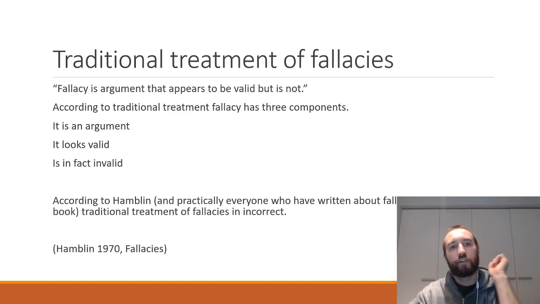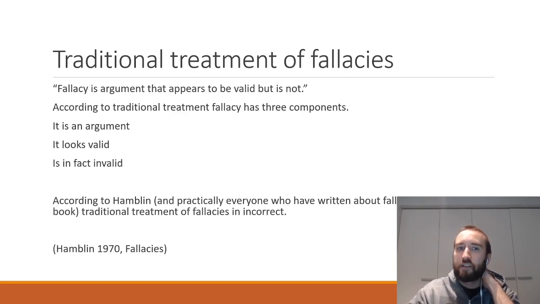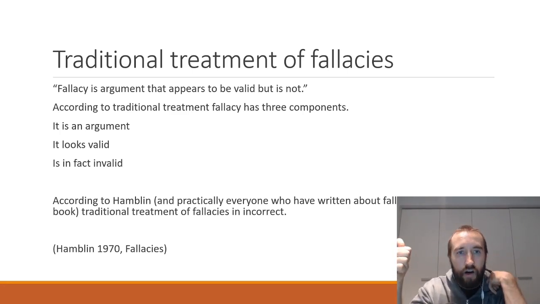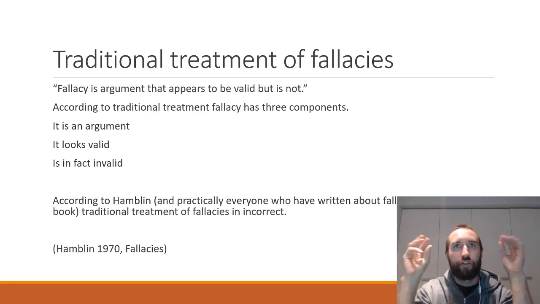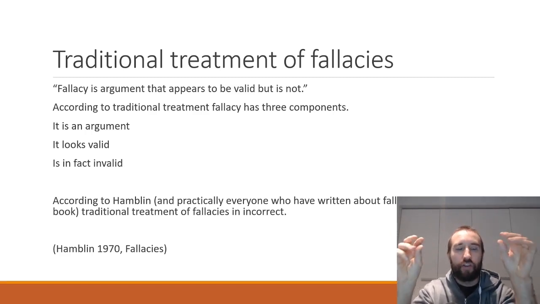I've written here that according to the traditional treatment, a fallacy has three components. First, it is an argument. Second, it looks valid. And third, it is in fact invalid. Traditionally it is thought that a fallacy has all these three things.